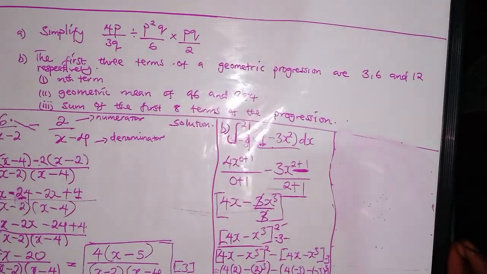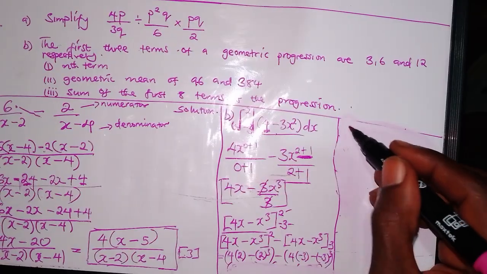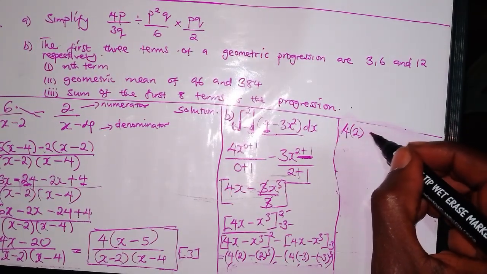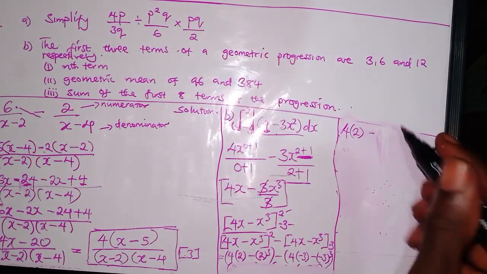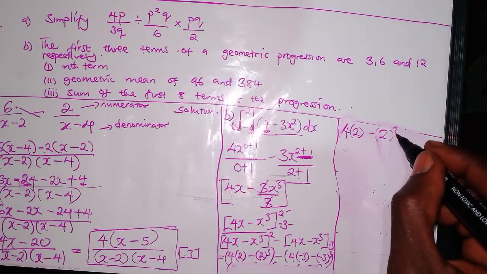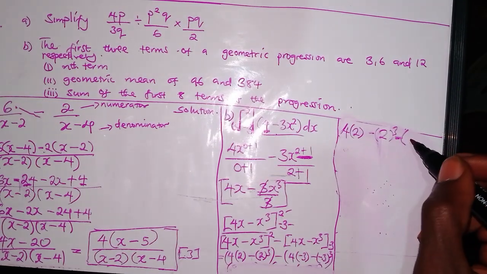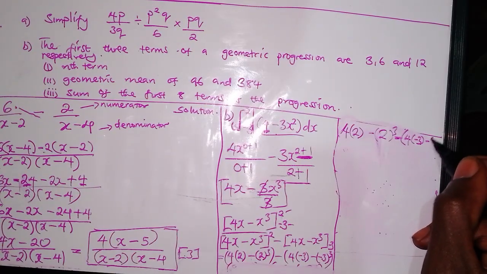Okay, so let's continue here. So we said that we have 2 minus 2 to the power 3, then minus 4 times -3 minus -3 to the power 3.